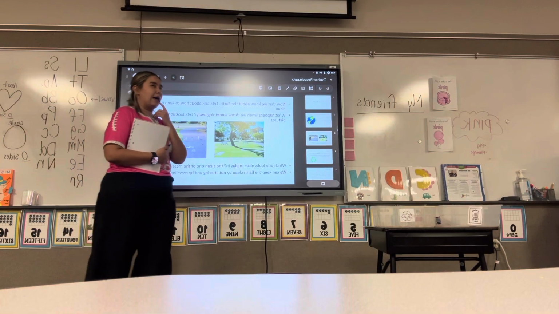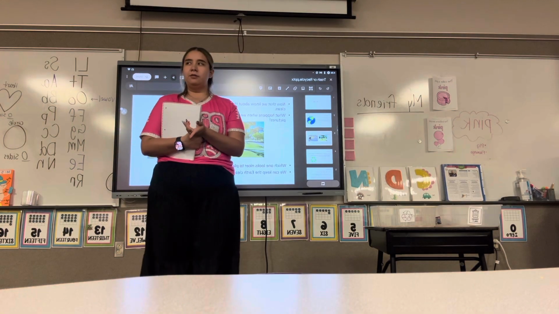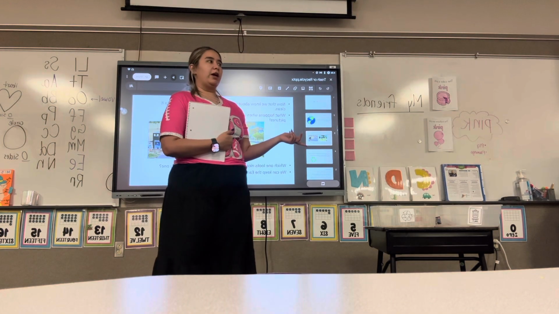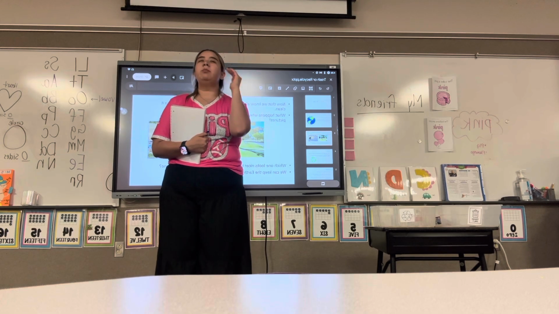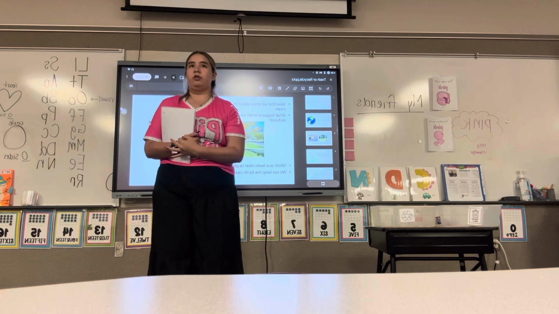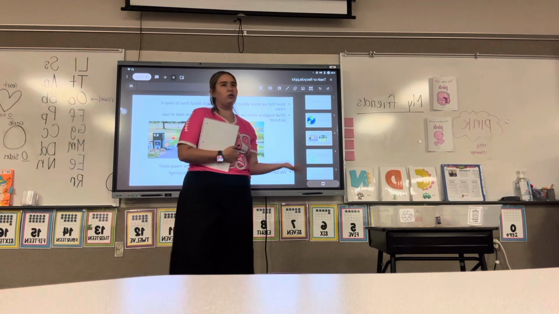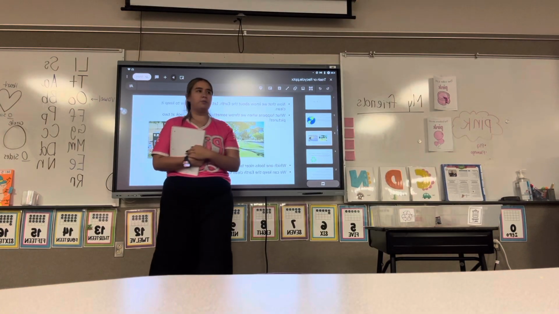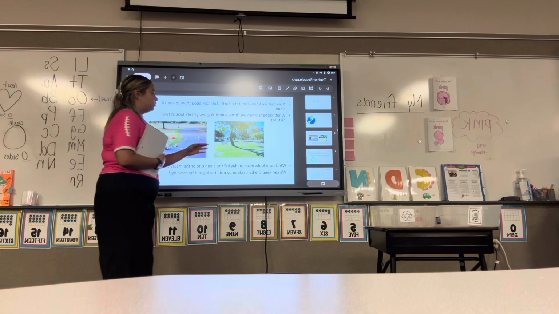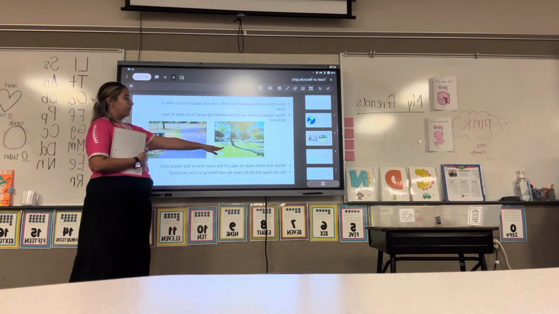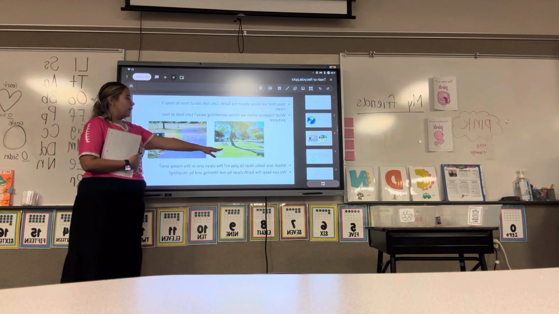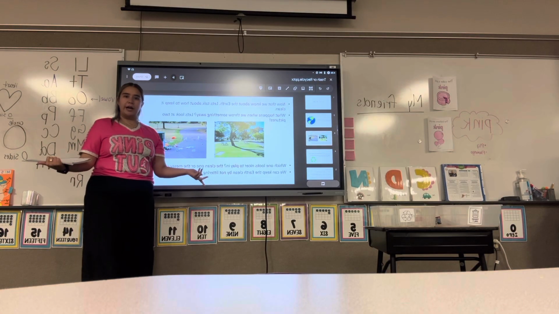Do you know what happens when we throw something away? You just throw it away, right? Well, now we're going to look into a deeper thought on why we should throw things away. If we should recycle it or if we should throw it away. Let's take a look at these two pictures. We have one picture of a park, right? And do you notice there's no trash?